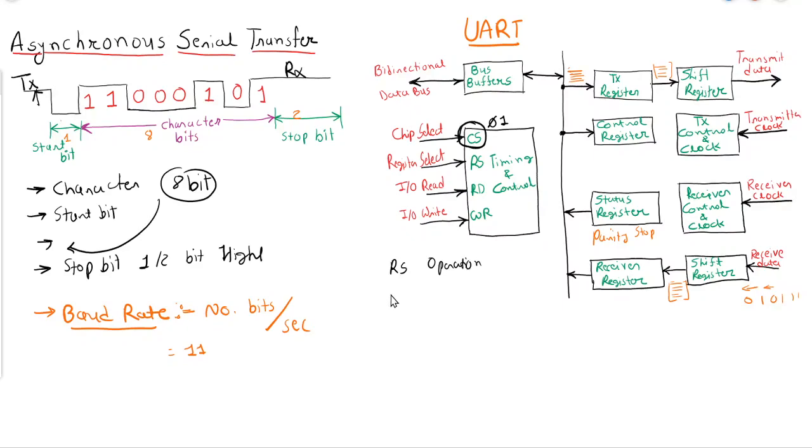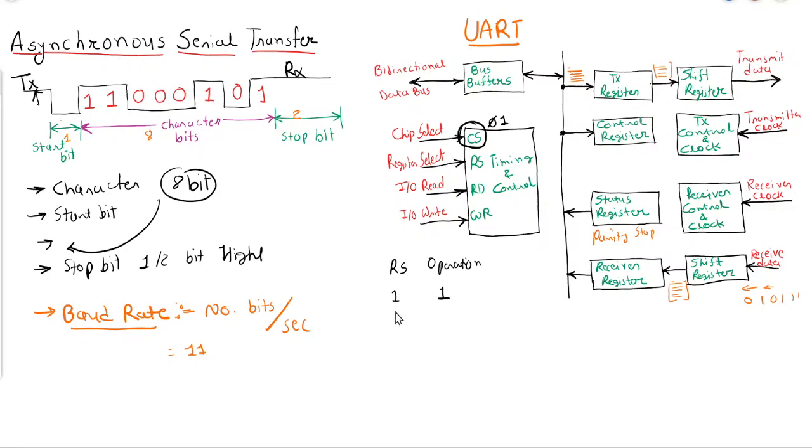Let's say the value of RS is 1, register select is 1, and the operation is write, meaning the value of IO write is 1. At that time the transmitter register will work. Okay, the TX register comes into the picture. So whatever data is written into the transmitter register, from there serially it will be transferred to the destination.